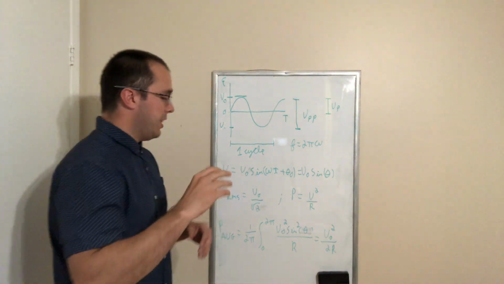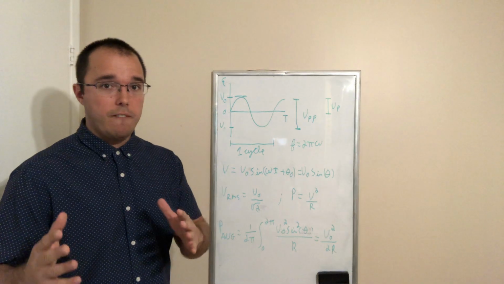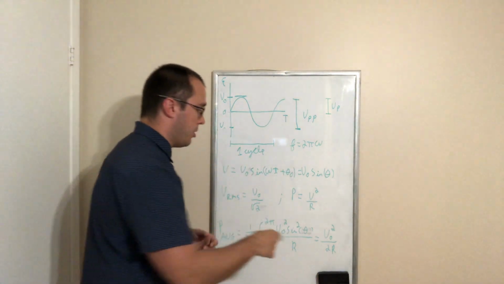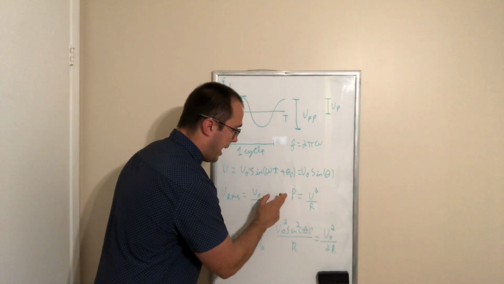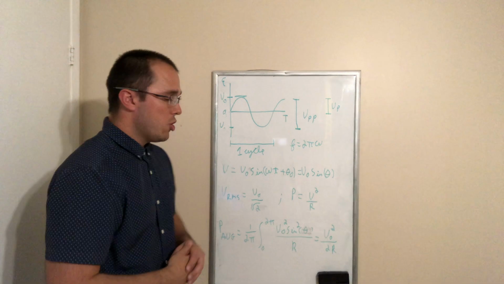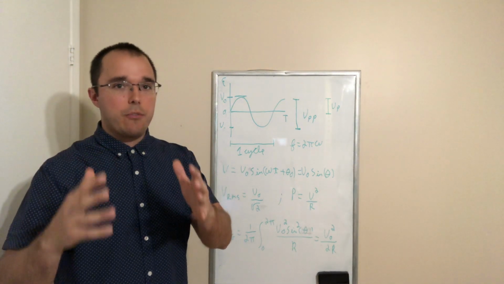All right, so let's have a look at why we want to use the RMS voltage. So first we need to go back to chapter 5 and remember Ohm's law. So the power is equal to the voltage squared divided by R. So let's have a look at how we would find the average power.